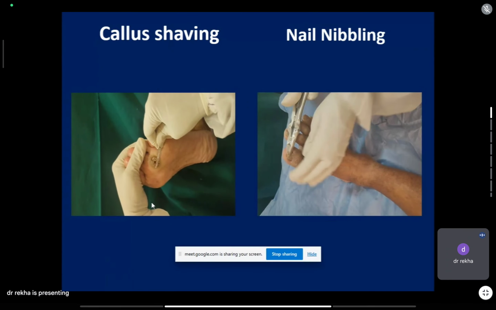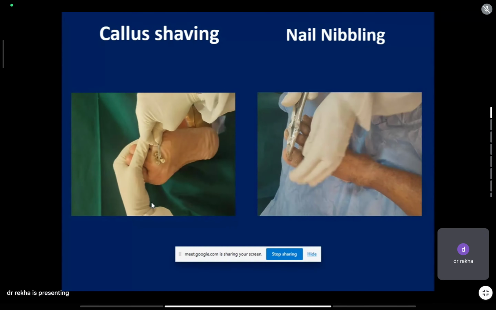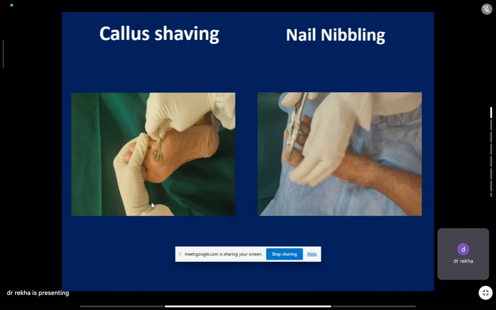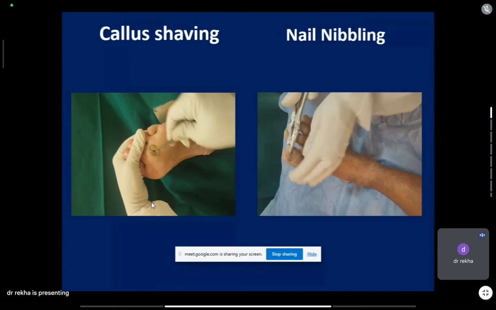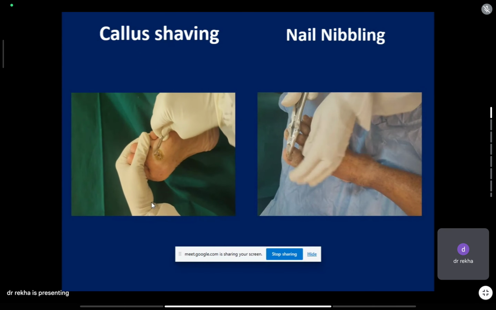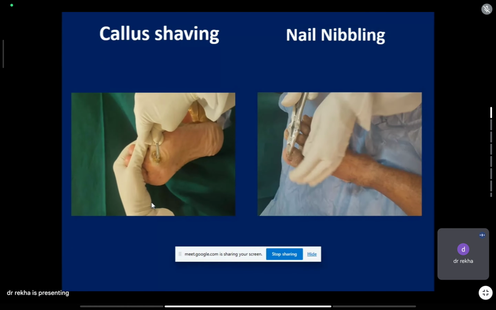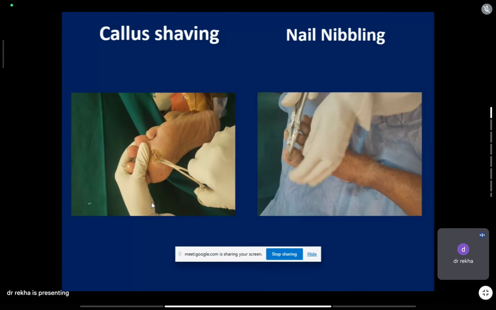This we have to remove in very small pieces, and don't go very deep. This is how we can remove the callus.